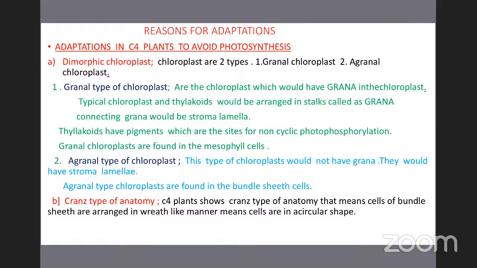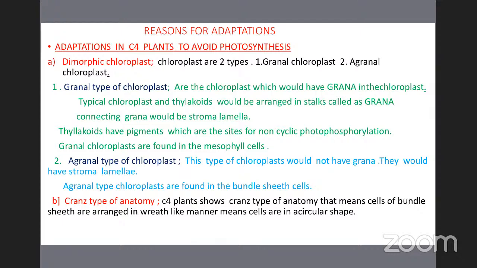In normal chloroplasts also, thylakoids help in storing pigments like chlorophyll and others. These pigments are the sites for performing the light reaction.